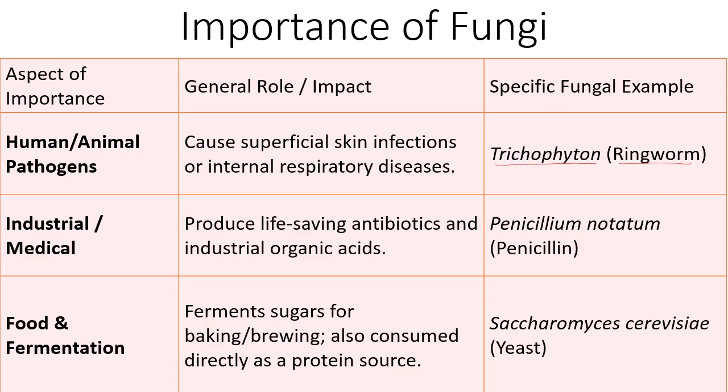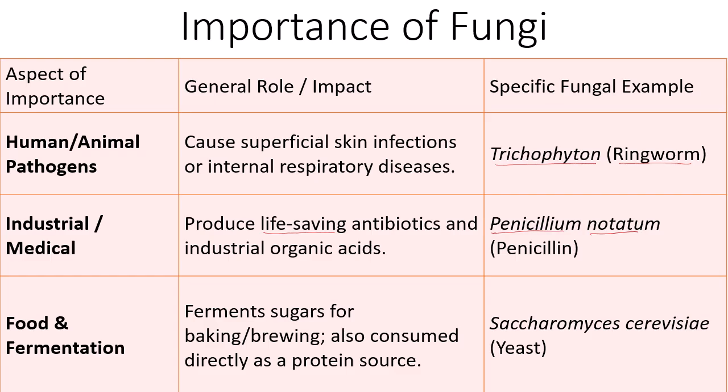Some of the industrially and medicinally important fungi include Penicillium notatum, which is used to synthesize the antibiotic penicillin, which is one of the life-saving antibiotics and is used in the medical industry.